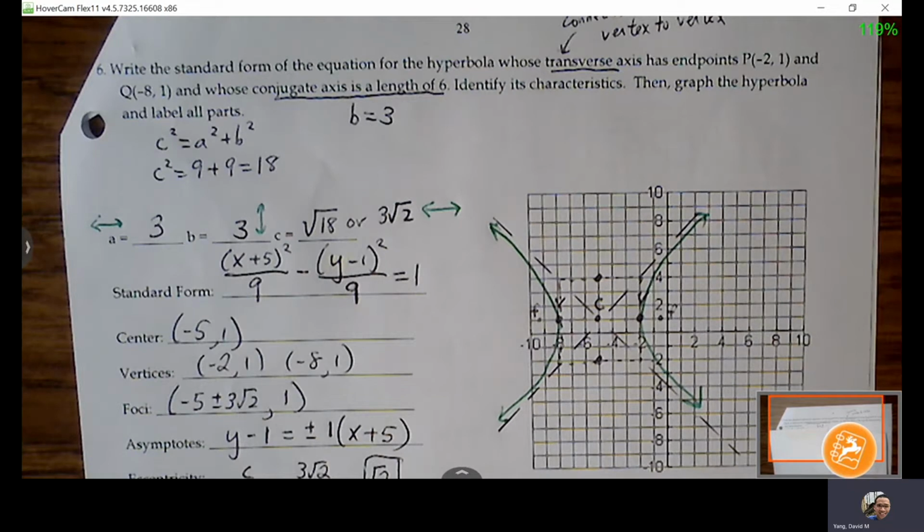Find your C value. The vertices are left and right of each other.